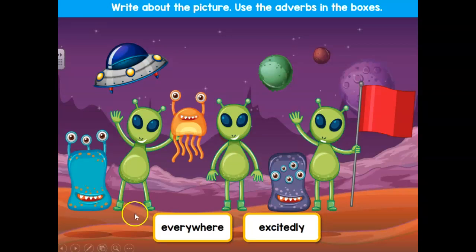Now we have everywhere and excitedly. All right, how do you think we could use everywhere? What is everywhere? Aliens. Yes, there's aliens walking everywhere. Or aliens walking around everywhere. And they're doing what?